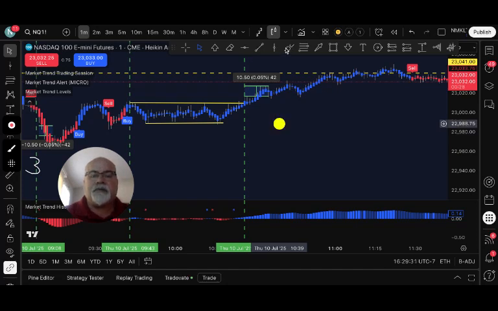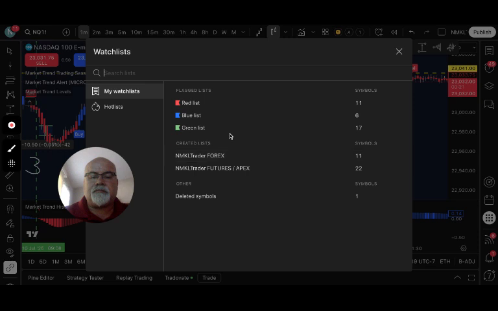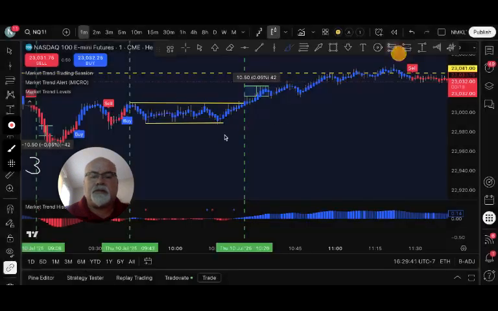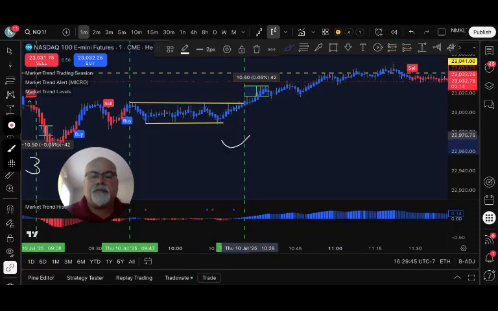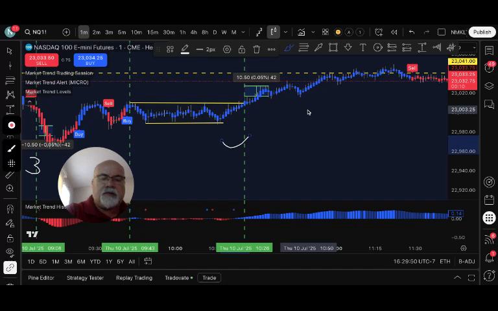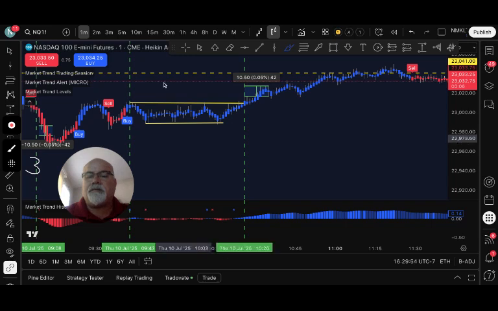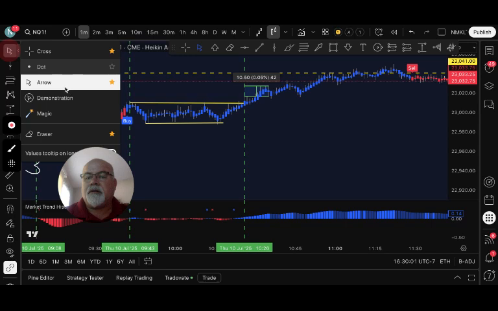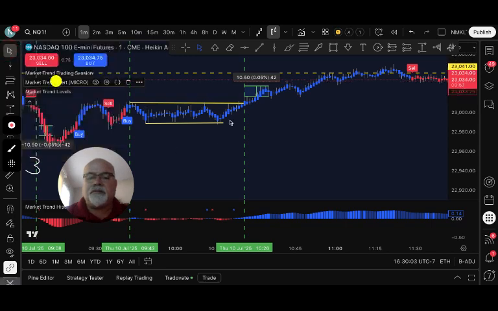It doesn't like me, so let's just write on it then. My computer's slow right now, so I'm just going to go ahead. Okay, trade number one. Let me get rid of that anyway. Arrow. Trade number one. It's a winner.